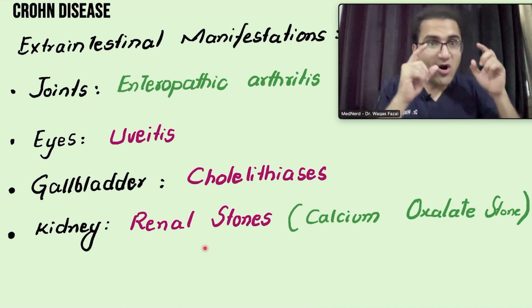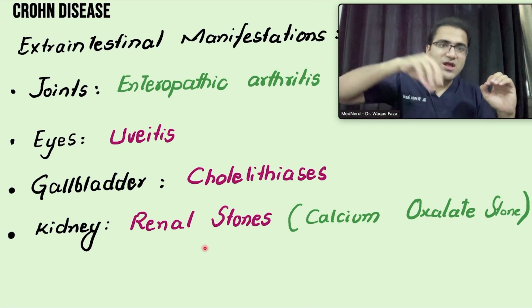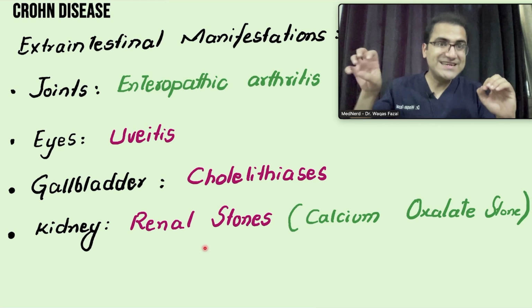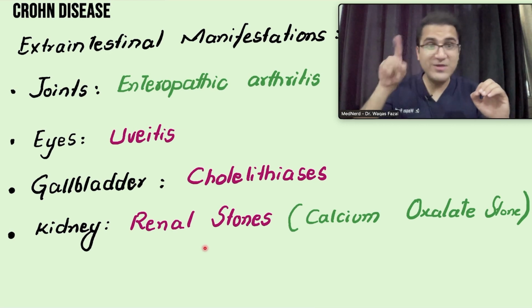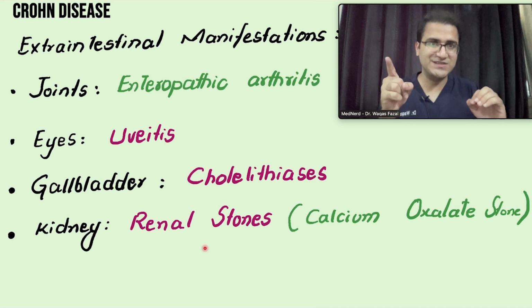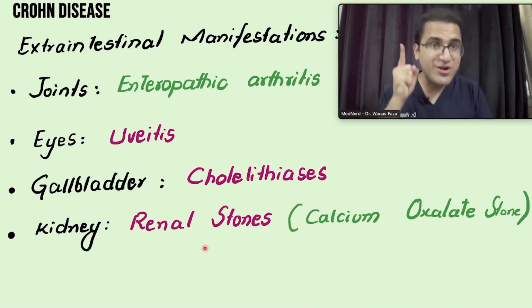Therefore, the oxalate is free, and that oxalate will get absorbed in the blood, and then from the blood it is excreted in the kidneys, and in the kidneys it binds to the calcium. But when it binds to calcium in the kidneys, it forms stones in the kidneys. Therefore, these patients will be having calcium oxalate stones, renal stones in the kidneys.